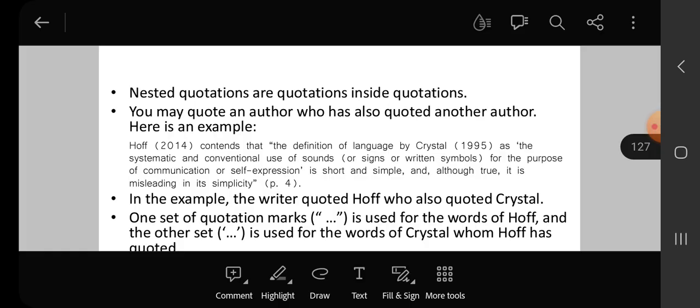And if you want it to be in MLA style, this is how you go about it. According to Smith, bracket, quotation, and I have to quote. So according to Smith, you see Smith is now going to quote Brown. So you quote now, quotation mark here.